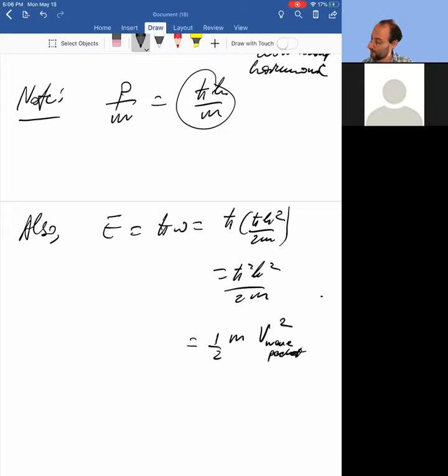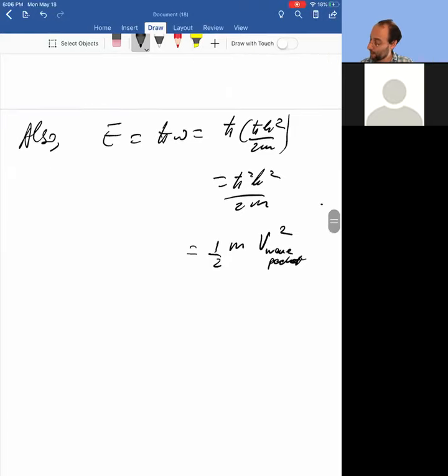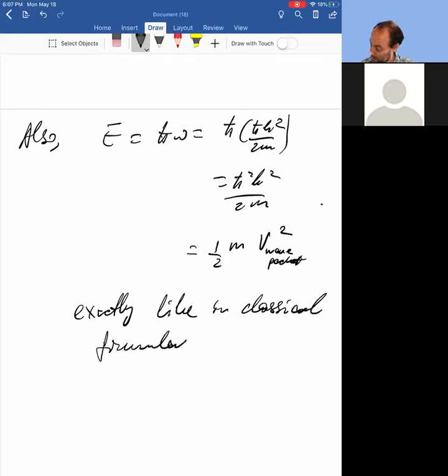Because this gives you h bar squared k squared over m squared, and then you multiply by m, which gives you h bar squared k squared over m, and then times 1/2. And then you recognize that this is exactly like the classical formula, 1/2 mv squared.